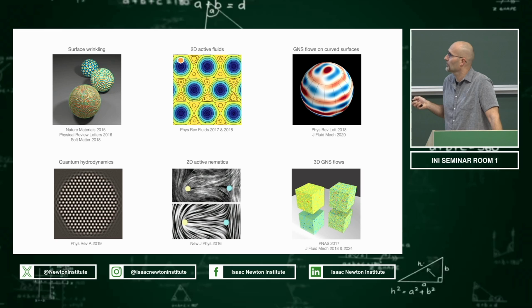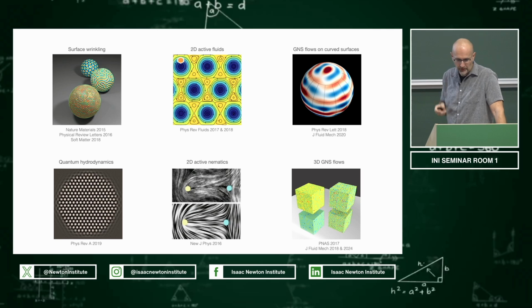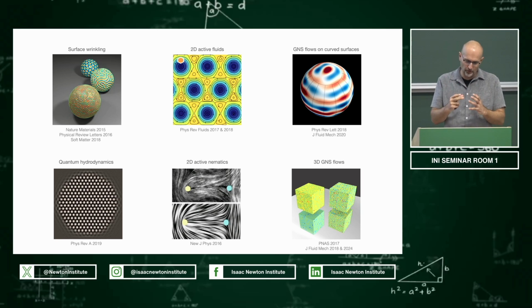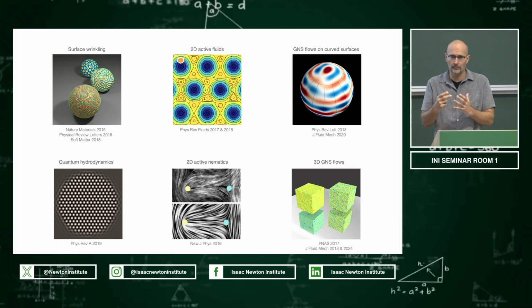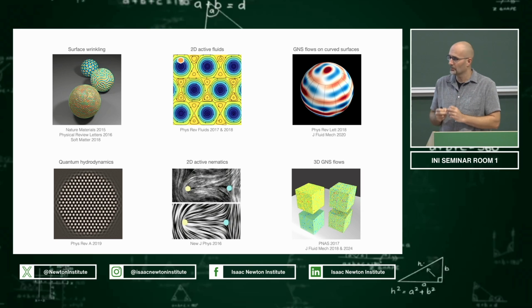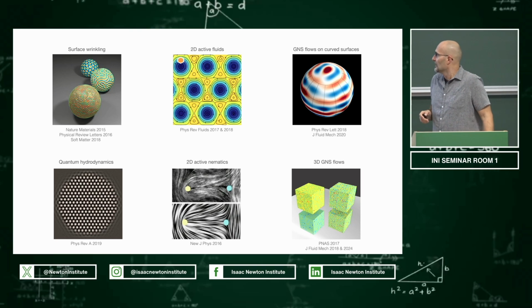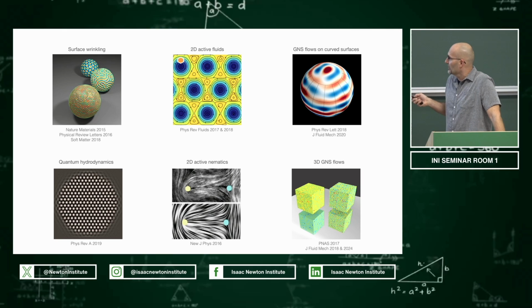ranging from buckling and wrinkling problems. These are equations that were used to describe experiments performed in Pedro Reis's group, where they were coating soft cores, soft rubber balls, with a stiffer film and then manipulating them, and you would see these surface patterns. Then towards active fluids and also active nematics.